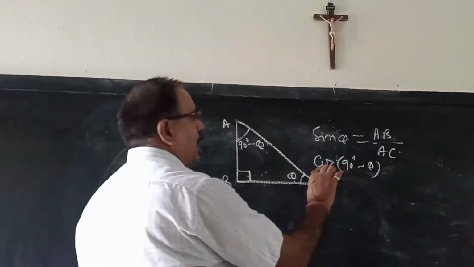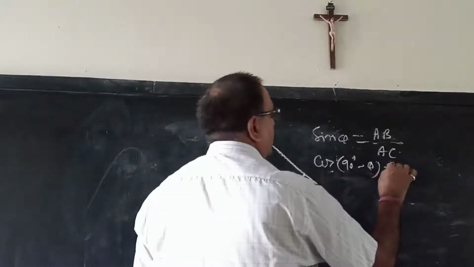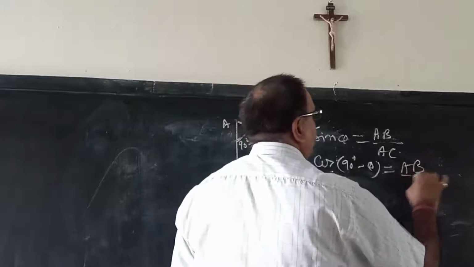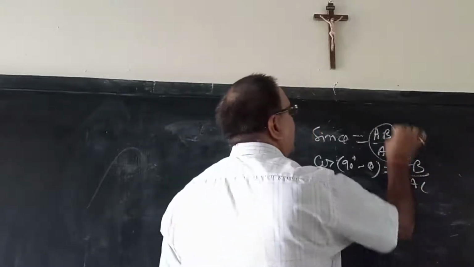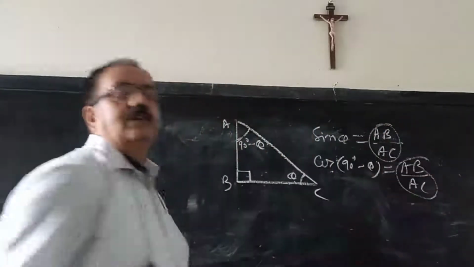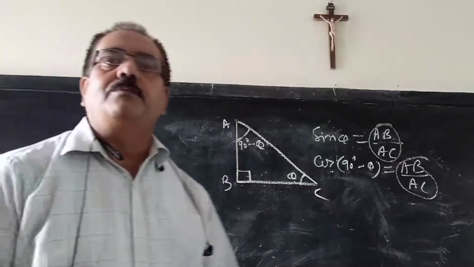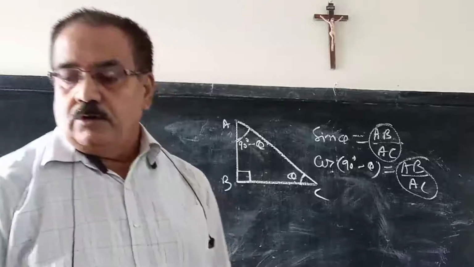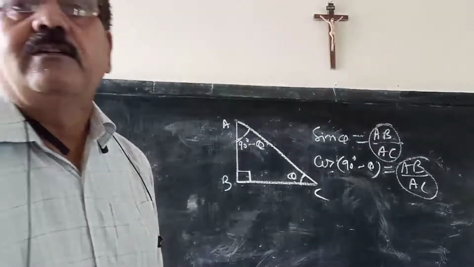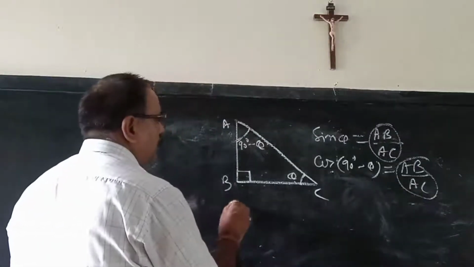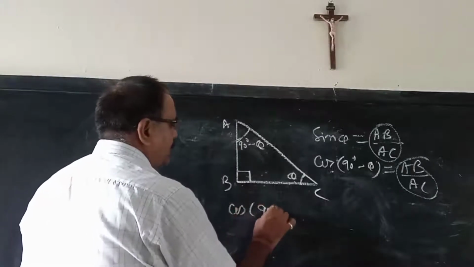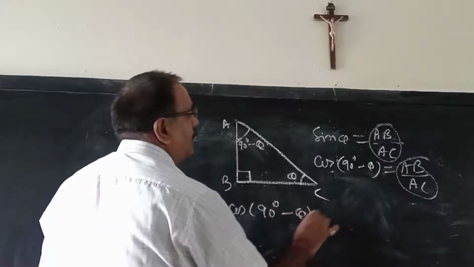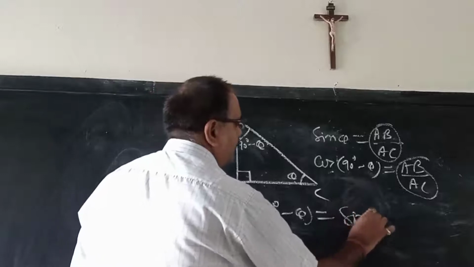So cos(90 minus theta) is AB by AC. See here, sin theta is AB by AC, cos(90 minus theta) is also AB by AC. It means both are the same. So we can write cos(90 degrees minus theta) is equal to sin theta.